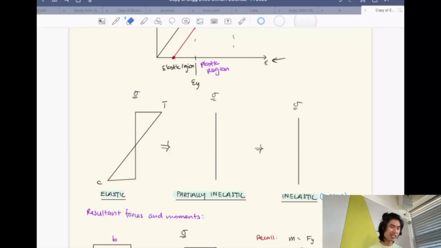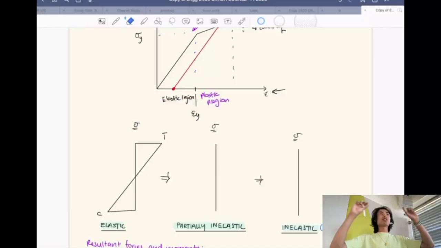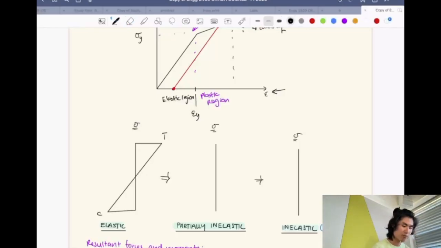Now, partially inelastic is when you're yielding the steel and the steel has partially yielded. So when you have a block of steel, as it bends and bends, this top part will be under compression and this bottom part will be under tension, as in a normal beam.